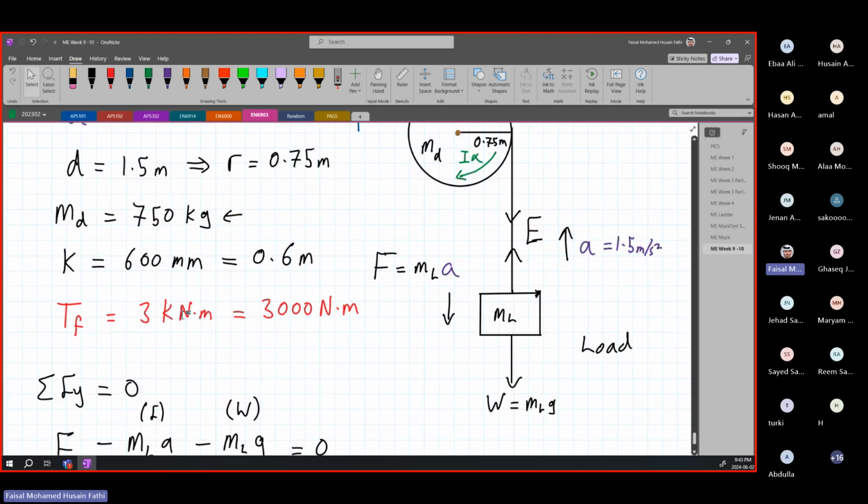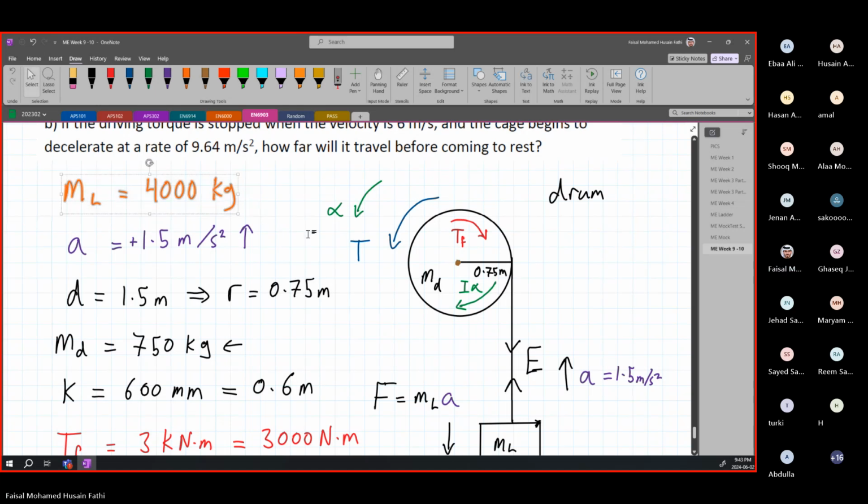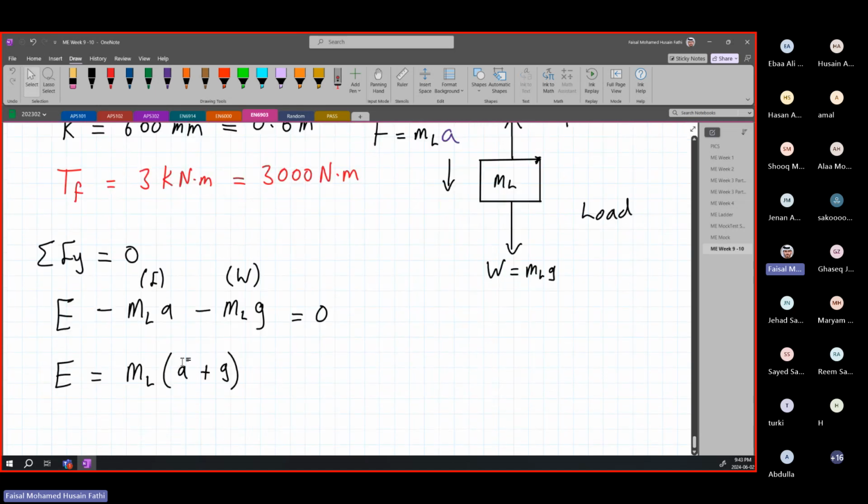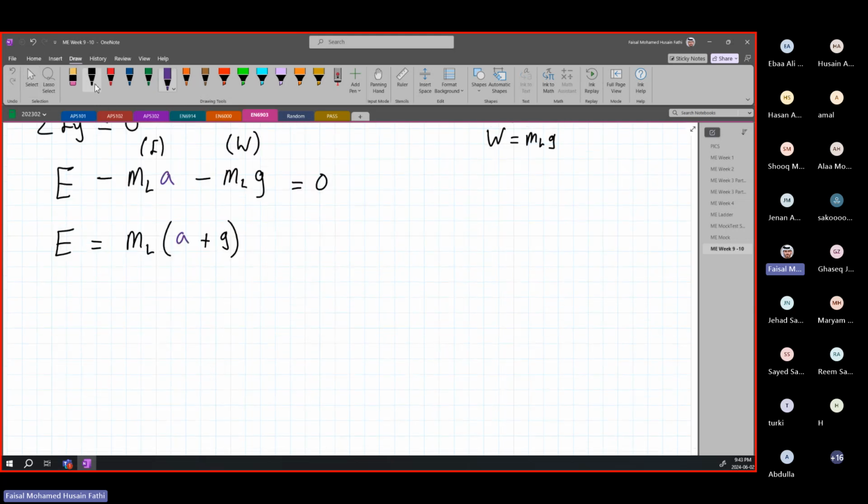If you notice here, we already have the mass of the load as 4,000 kilograms, and we have our acceleration, right? So our acceleration is the purple acceleration A that we have, and we know G, and we know ML, so we can simply just substitute the values for this and find it directly.